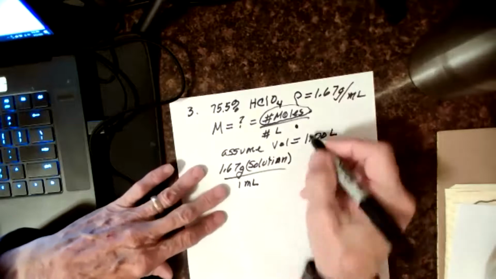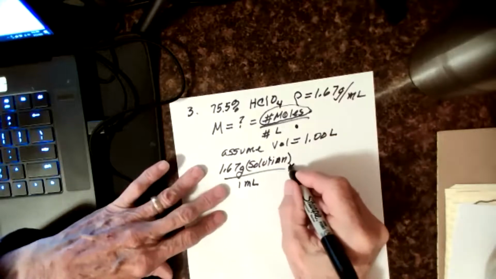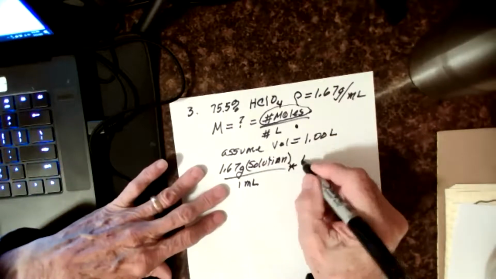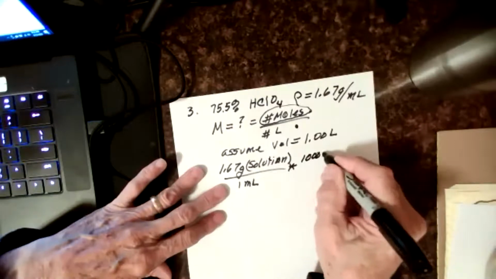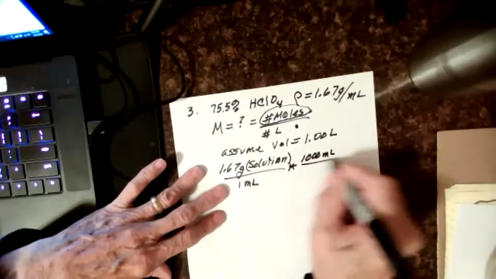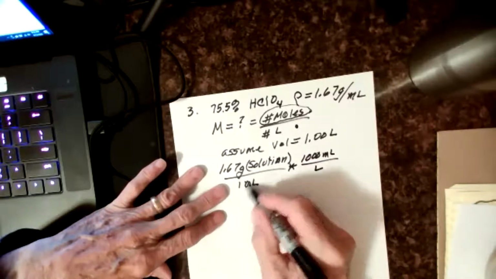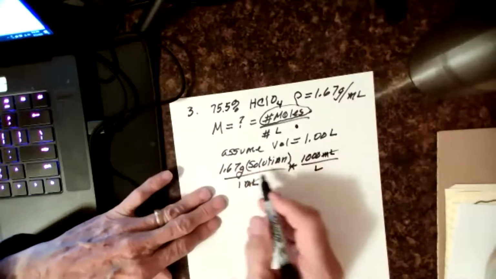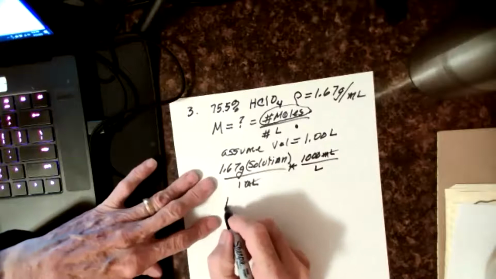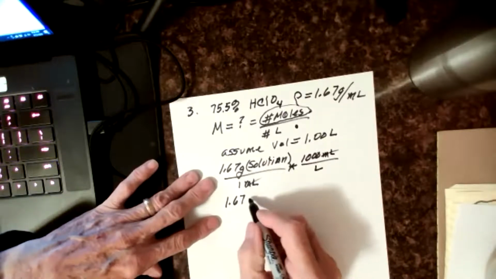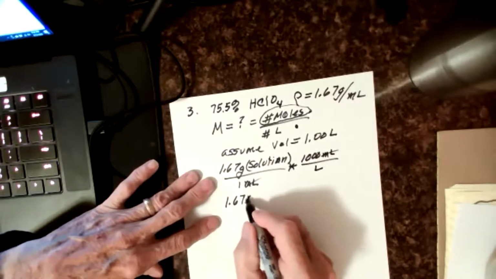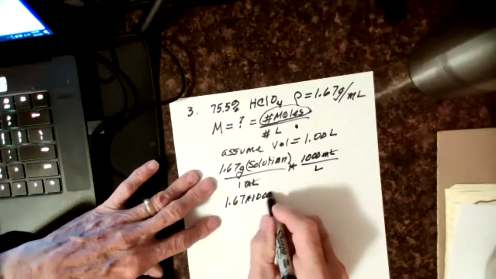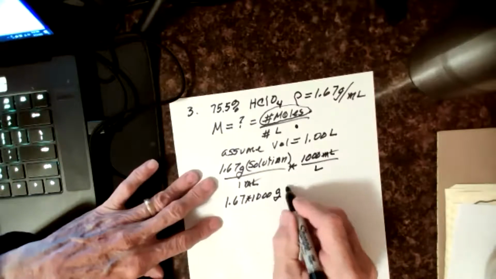Now, if I've got a liter, then I want to change that to 1,000 milliliters would be 1 liter. So my milli would cancel. So the mass of the solution is going to be 1.67 times 1,000. And that'll be grams of solution.